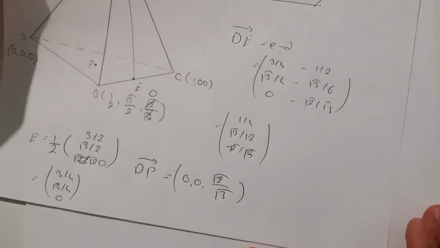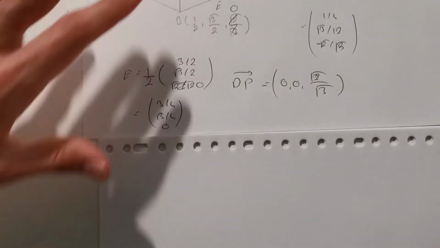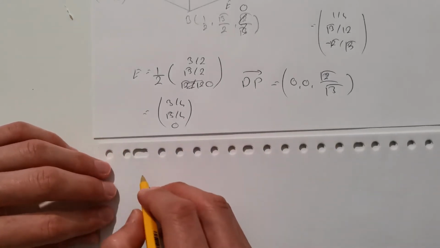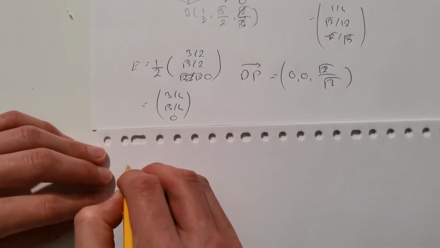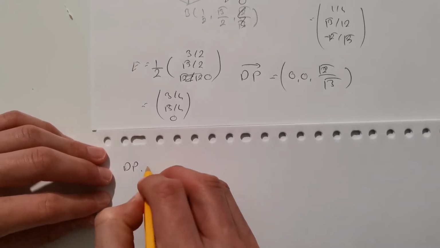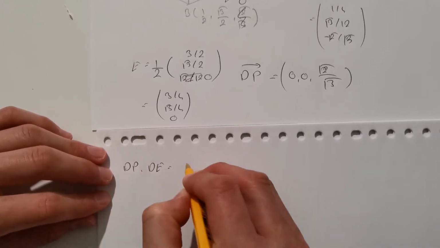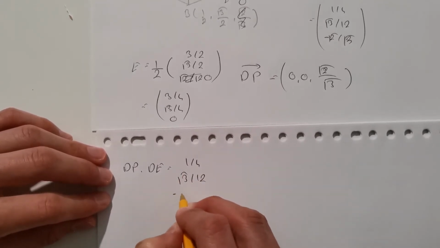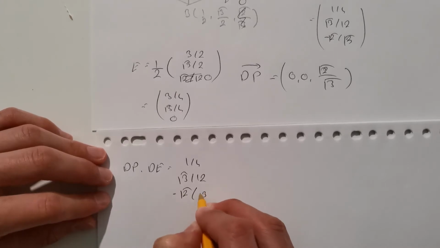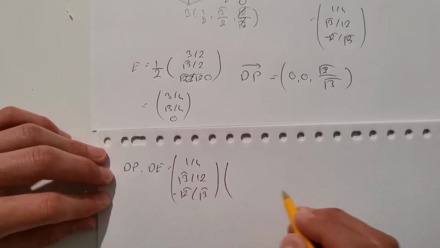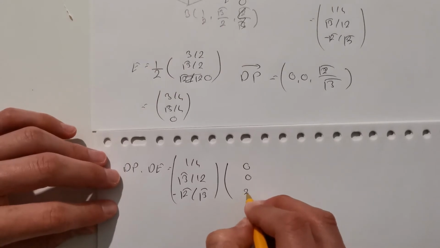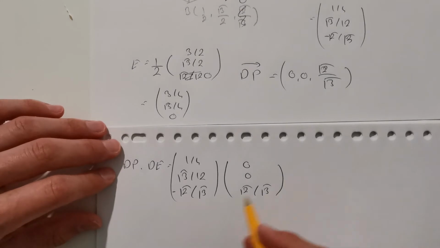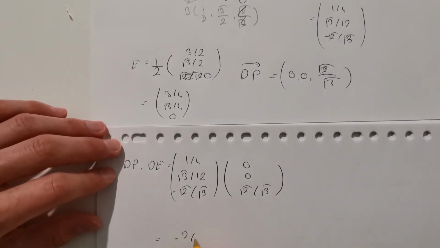Now I need to dot these two, and by dotting these two I'm going to find the angle between them. So dP dot dE gives you minus 2 root 3.